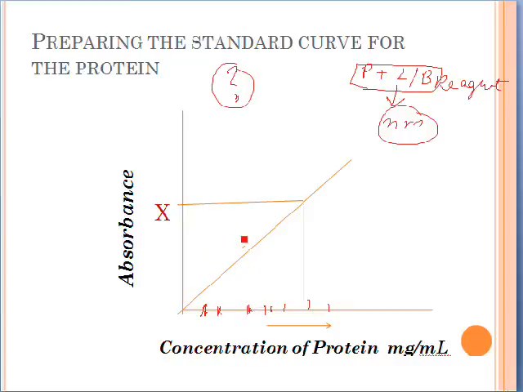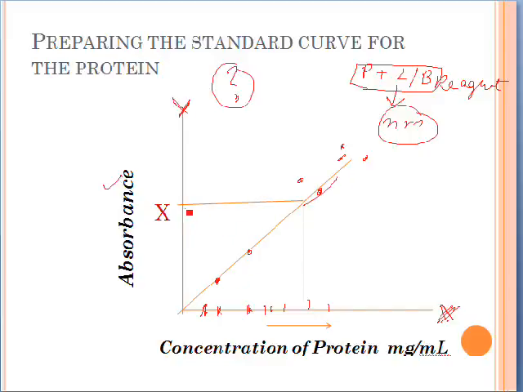On the x axis we take protein concentration and on the y axis absorbance. Plot all the values and we achieve the standard curve.